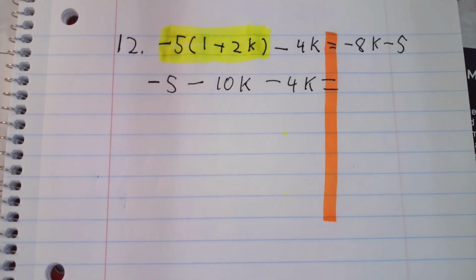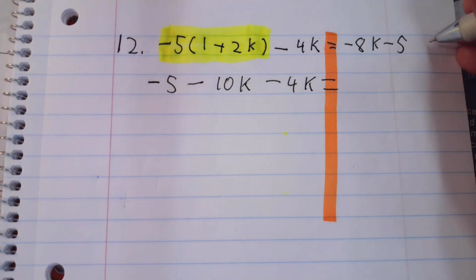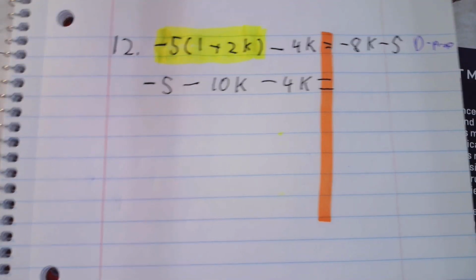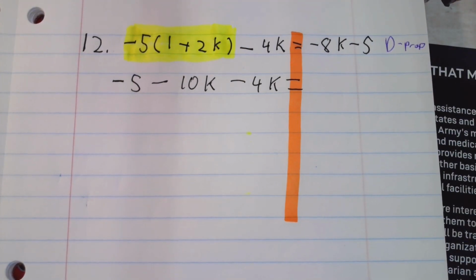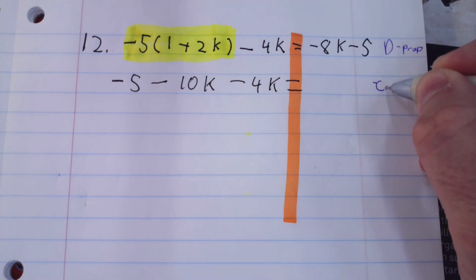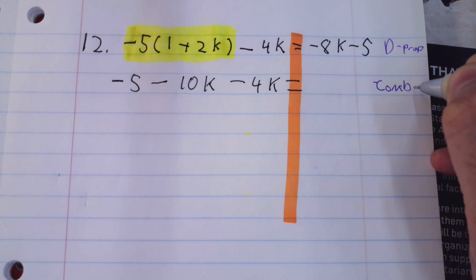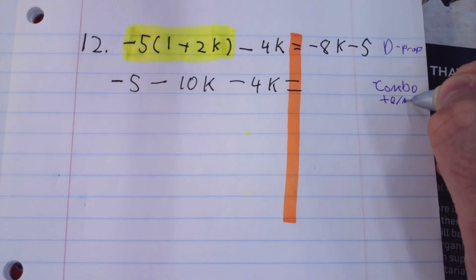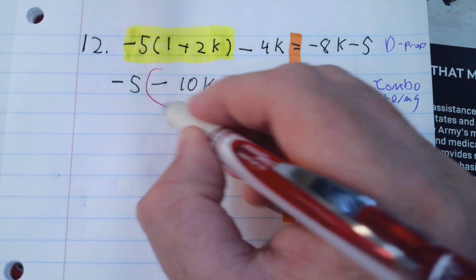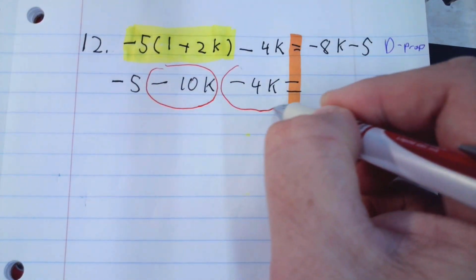Okay. So like I said, this is the first line. I just did the D prop, the distributive property. Okay. Now I need to combine like terms. I believe that this guy and this guy over here are the same.